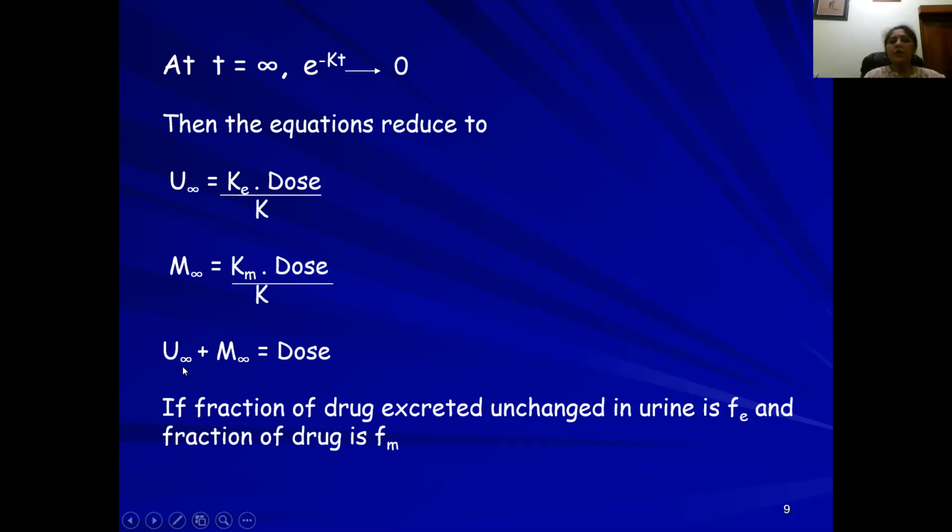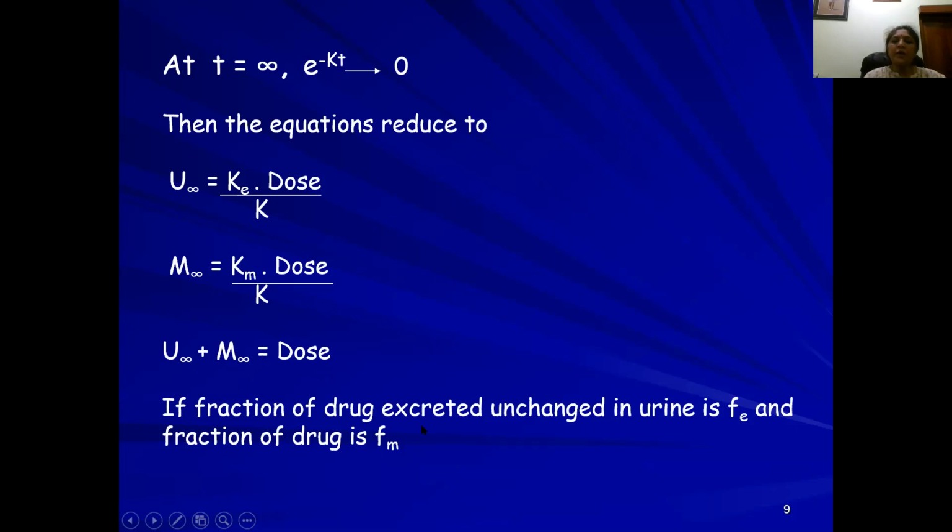Now what is U infinity? U infinity is the amount of drug excreted in urine at t is equal to infinity, plus M is the amount of drug that has got metabolized at time is equal to infinity. The U infinity plus M infinity is equal to dose.